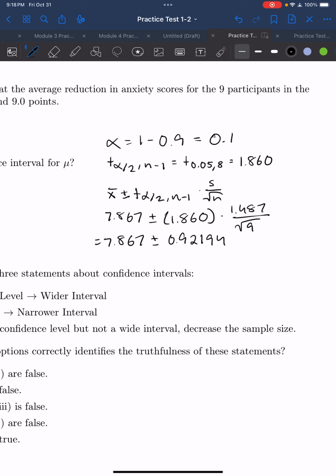And then we can calculate our confidence interval, which should be 6.945 to 8.789.